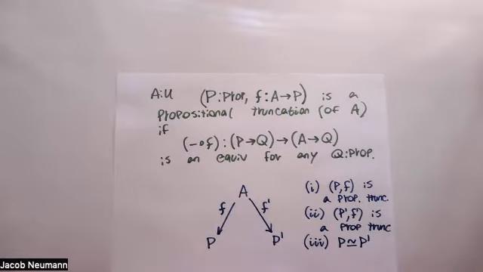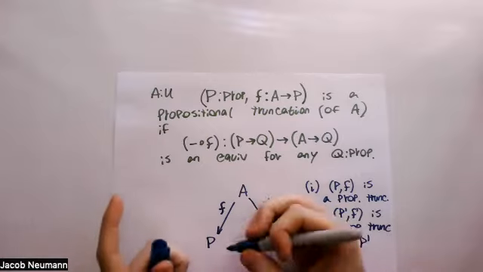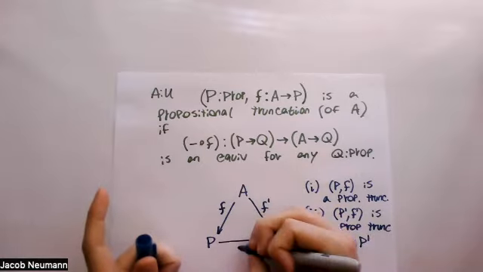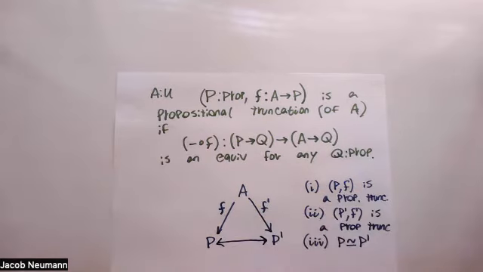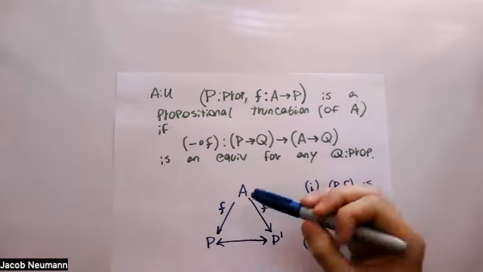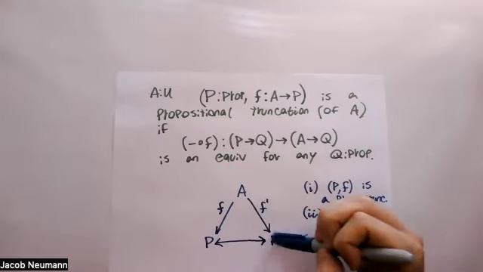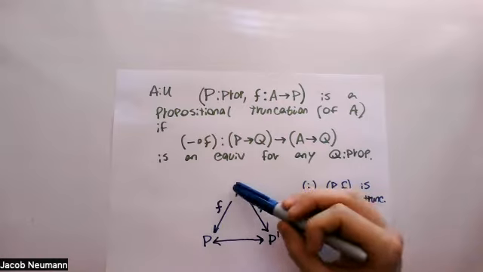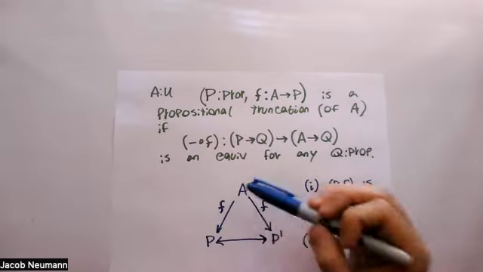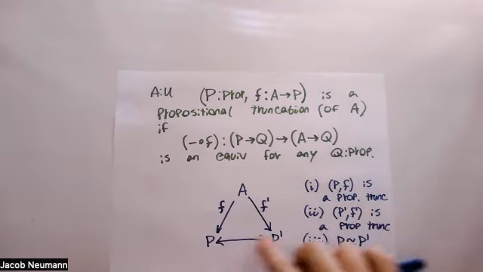And since P and P prime are both propositions, this equivalence is going to commute with this F and this F prime. If both of these are propositional truncations, then we get an equivalence here, and the equivalence after F has to be equal to F prime, and F prime followed by the equivalence has to be equal to F, because these are both propositions.